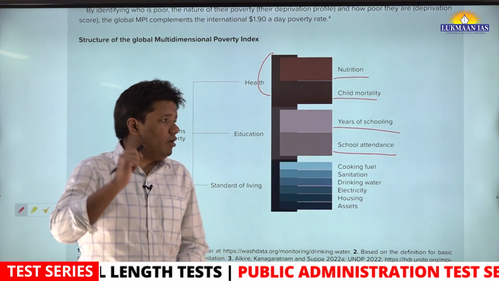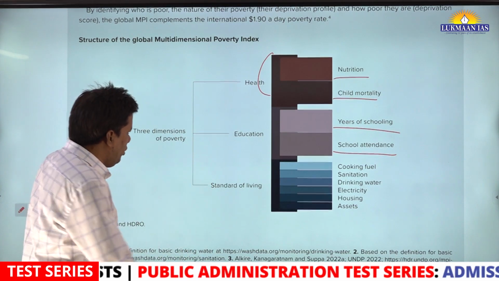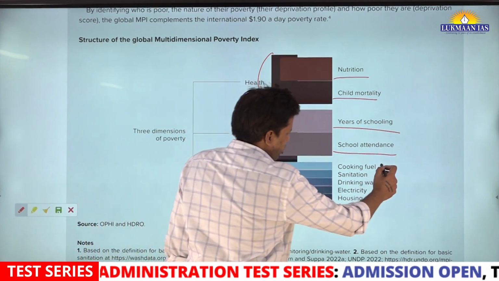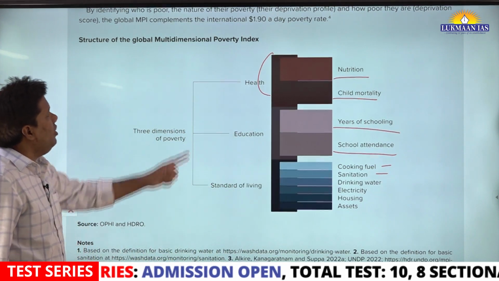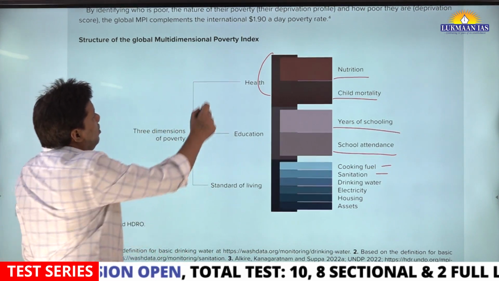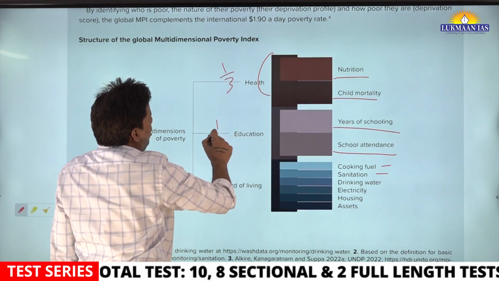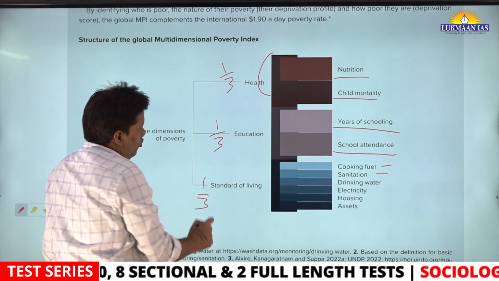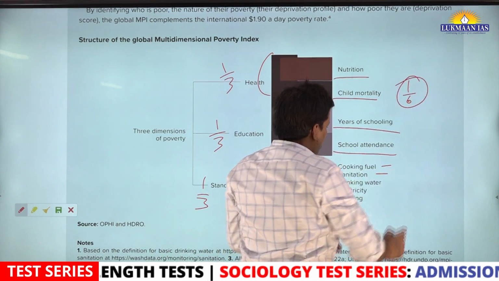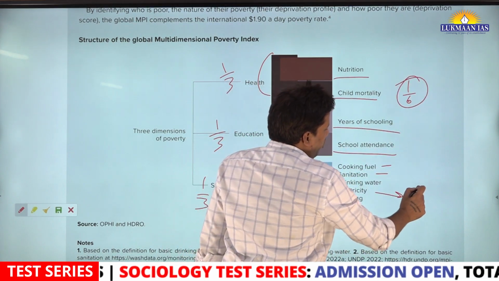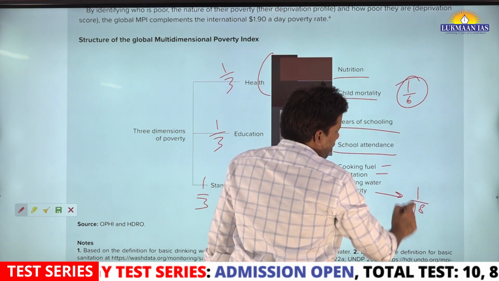And standard of living has these 6 parameters: cooking fuel, sanitation, assets, housing, like that. The weight given is 1/3 to each. So now you can see child mortality will get how much weight? 1/6. Similarly, electricity will get how much? 1/18 weight.